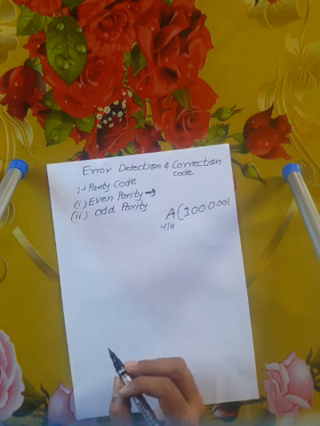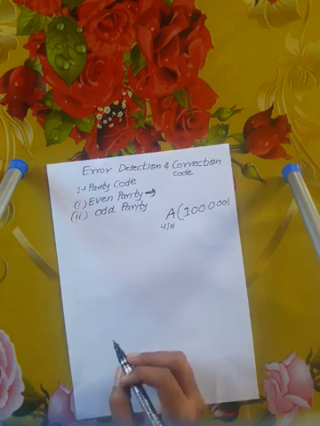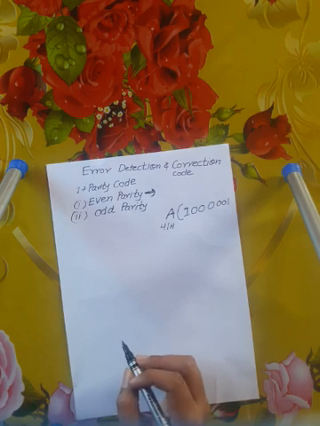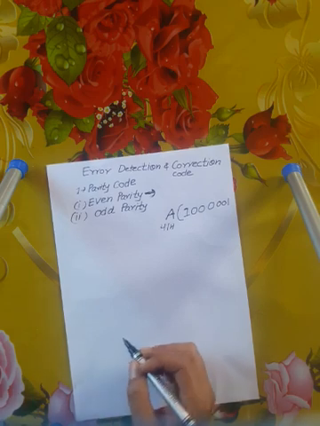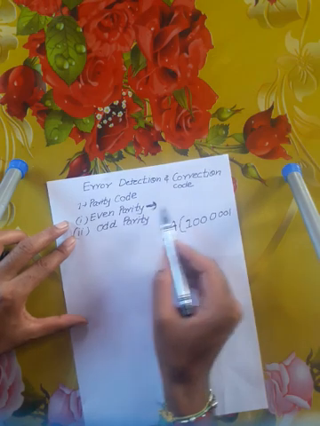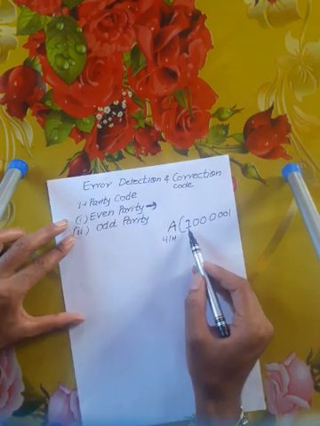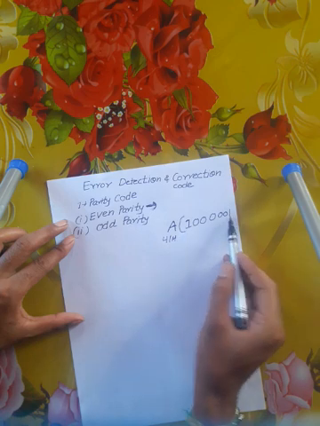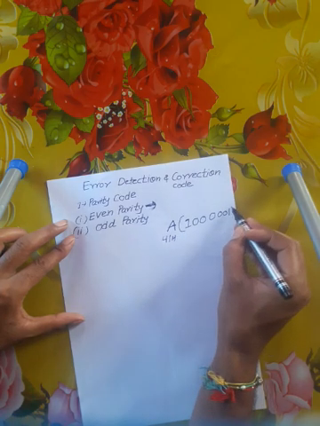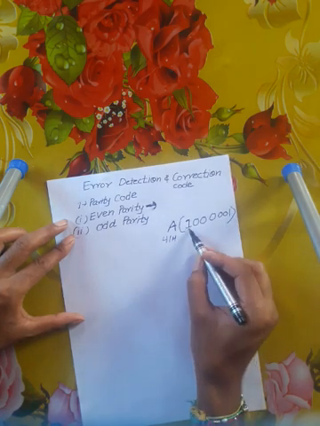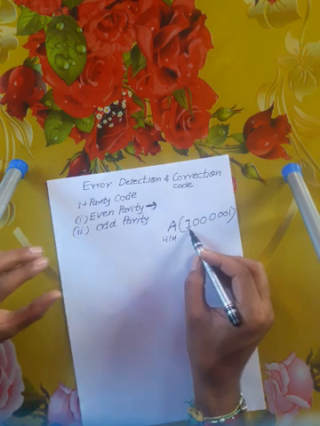Suppose you have to check for even parity. Now what bit will you add, either 0 or 1? In case of even parity, there are already two ones. So it is already even and you have to make it even.